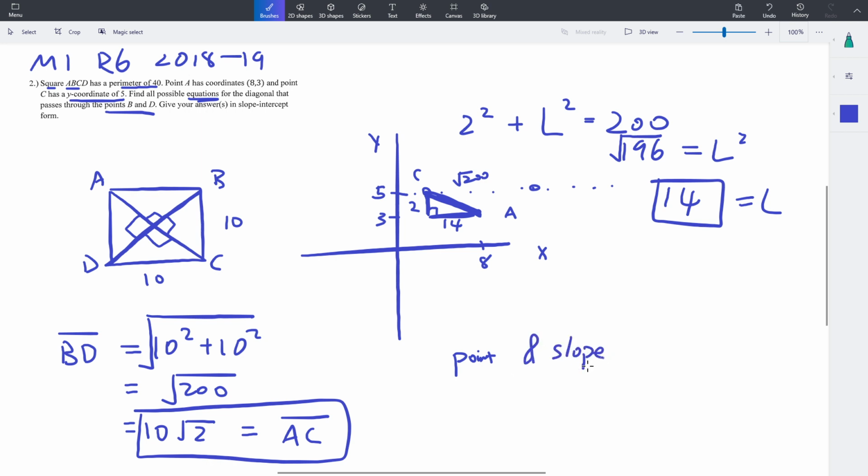For point-slope form, and if you don't know that, it's y minus the y value of a point, equals m, the slope, times x minus the x value. And these have to come from the same point, right? Alright, so to use this equation, we need the slope. So what is going to be the slope of the diagonal passing through points B and D?